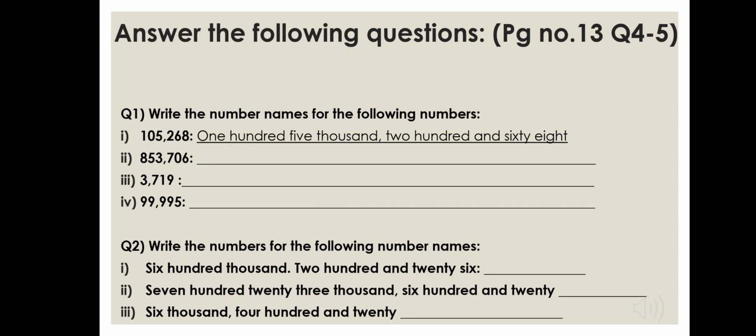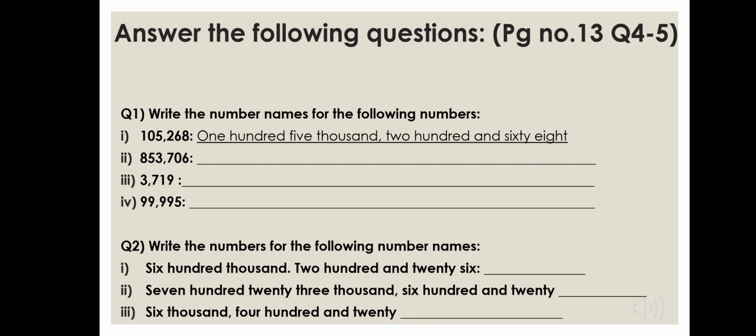You have to write it in the form of words. Similarly, for part 2, you are going to write it as 853,706. This is how you are going to write the number names for the rest of the questions.